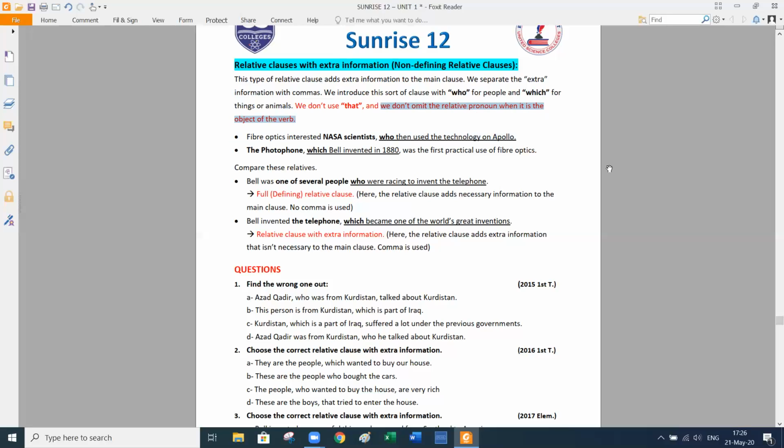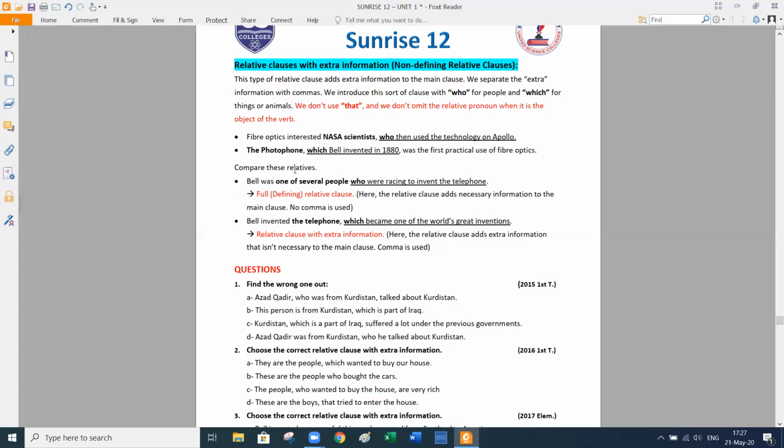We must use it. Okay, so very important rules. We use commas to separate the relative clause. We never use that instead of which or who. And we never reduce the relative clause. We never omit the relative pronoun when it is the object.